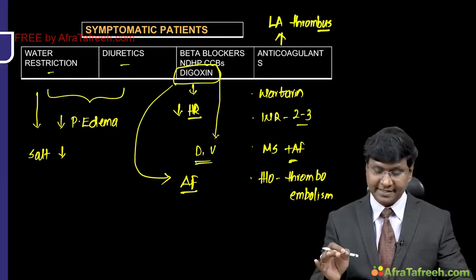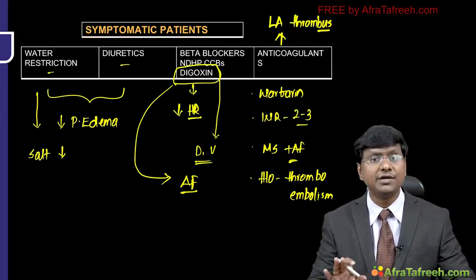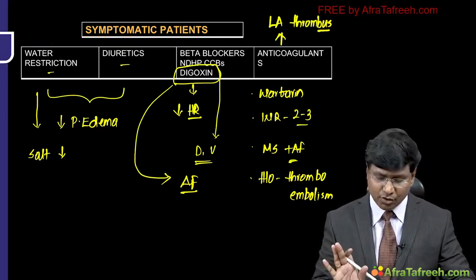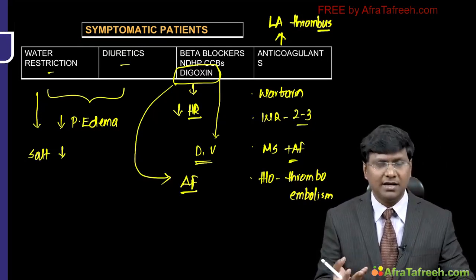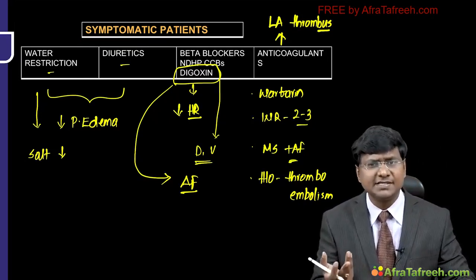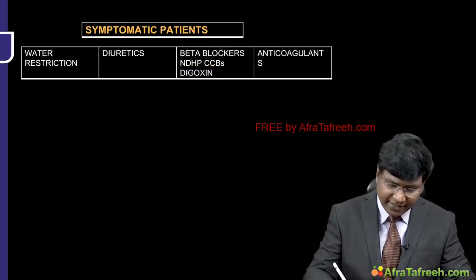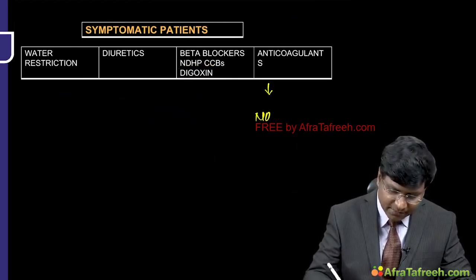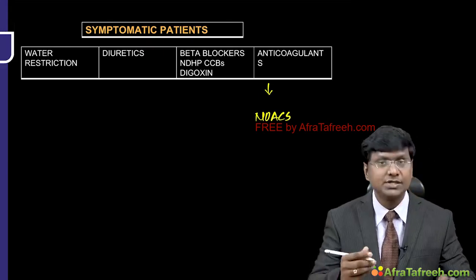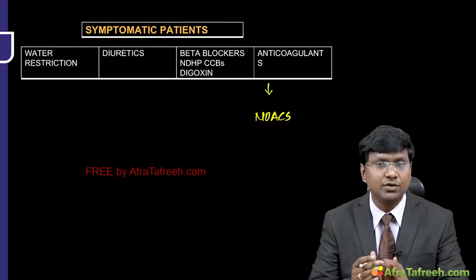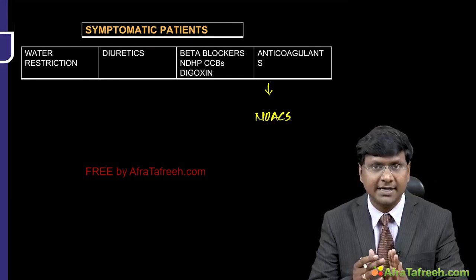If there is presence of the LA thrombus, then also you need to give these anticoagulants, okay? So basically, your warfarin, what exactly is that? It is a vitamin K antagonist, right? And whether we are giving these NOACs, what are NOACs? These NOACs, they are apixaban, edoxaban, rivaroxaban and dabigatran.